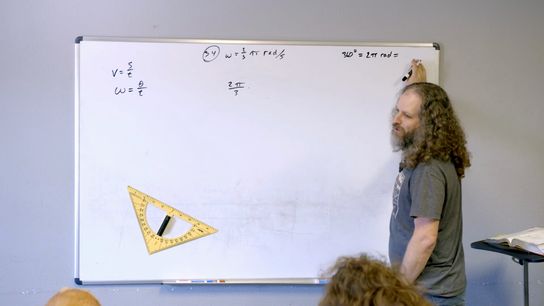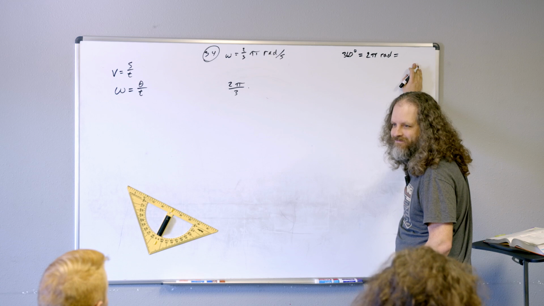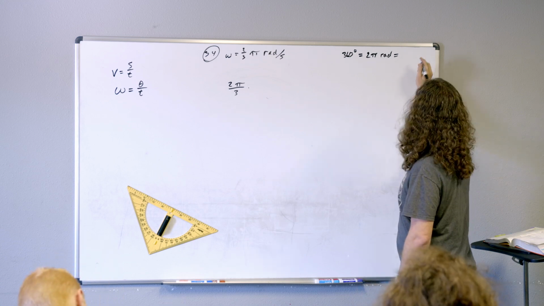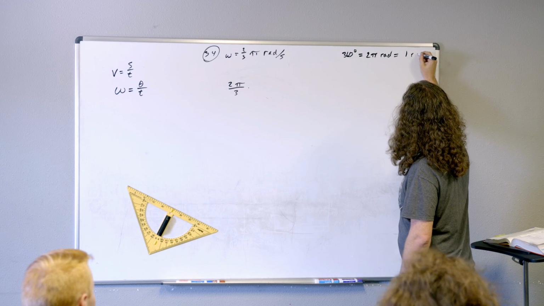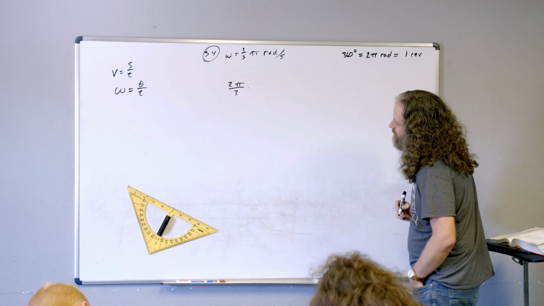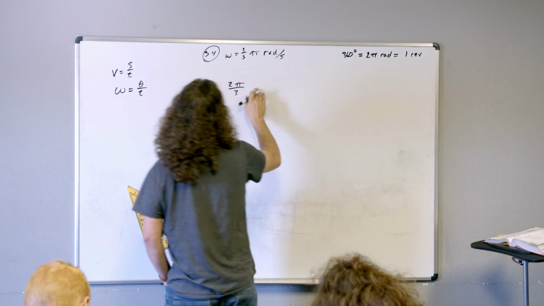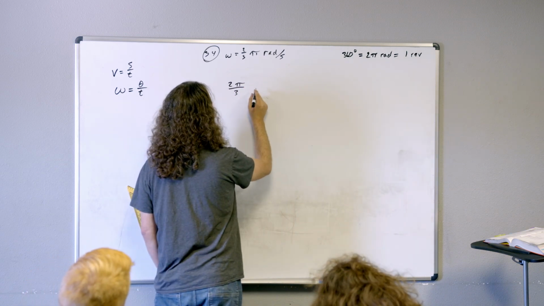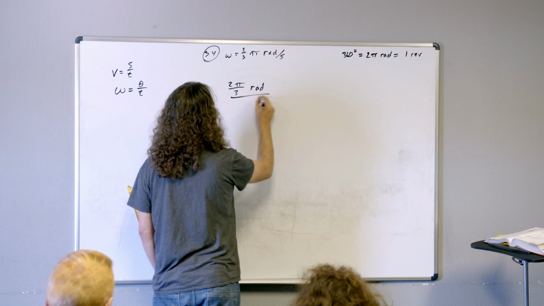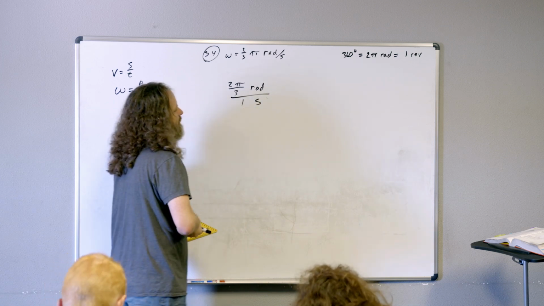How many revolutions is that? 1. One revolution will be all the way around, right? So this number is in radians per second.